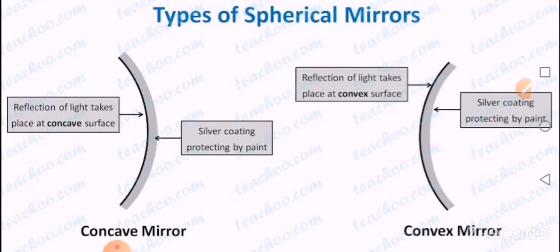Now we are coming to the last point of that chapter, that is how you can differentiate between a concave and a convex mirror. There are three cases for that.